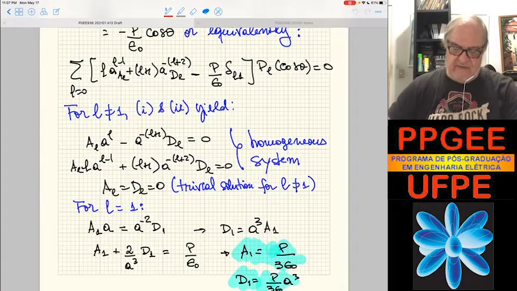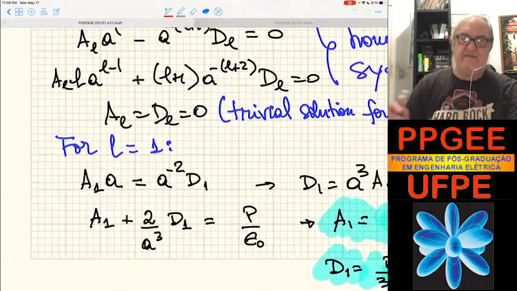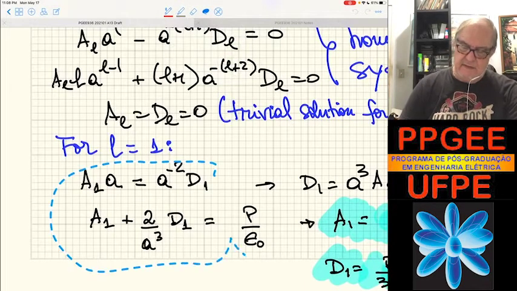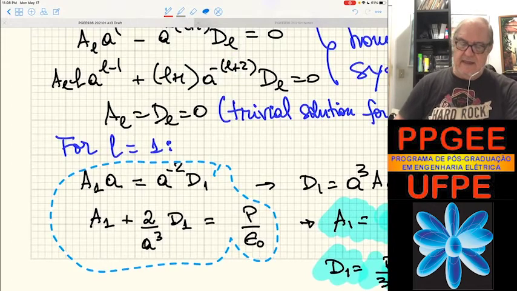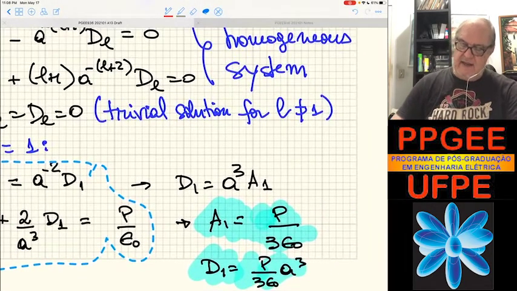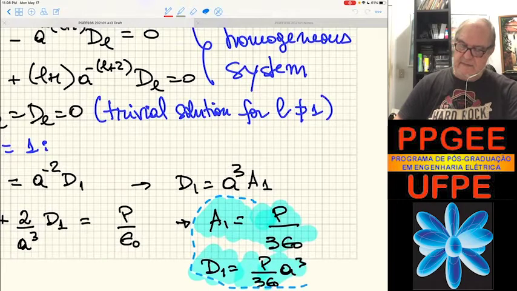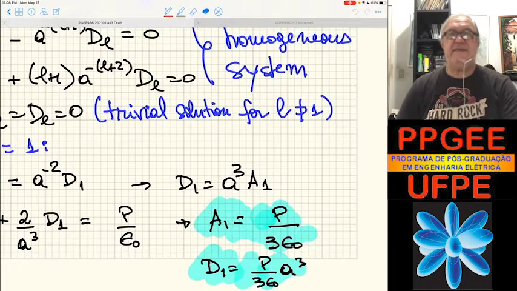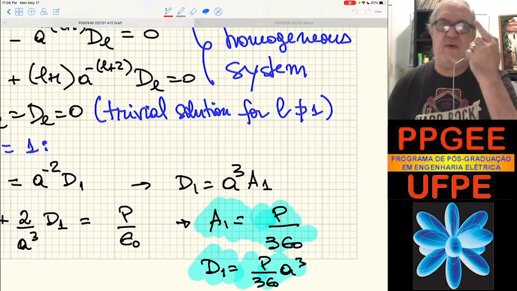If we solve it, the equation for L equals 1 is this one here. Okay, that gives a result for A and D, and the other ones are going to be 0. So it means that the potential has only one component.